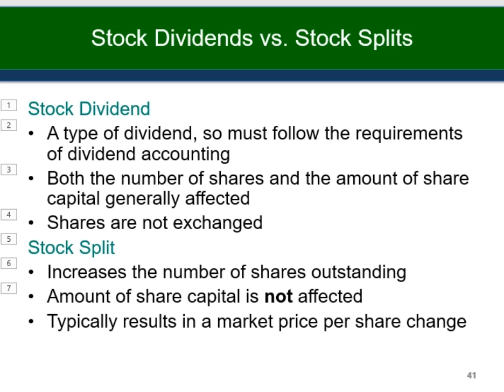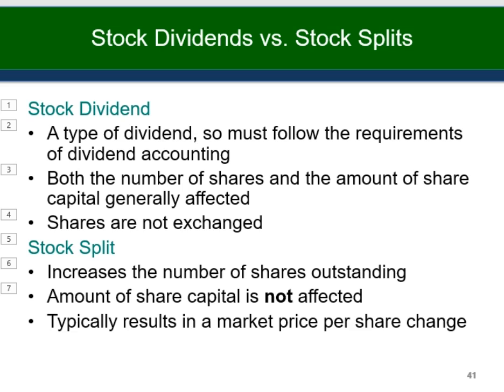Stock splits. Stock splits result in an increase or decrease if it's a reverse split. So you could actually have a reverse stock split, which reduces the number of shares. A stock split results in an increase in the number of shares outstanding, but no accounting entry is required for a stock split because the total dollar amount of the equity accounts remains unchanged. But a stock split is basically designed to just increase the number of shares.